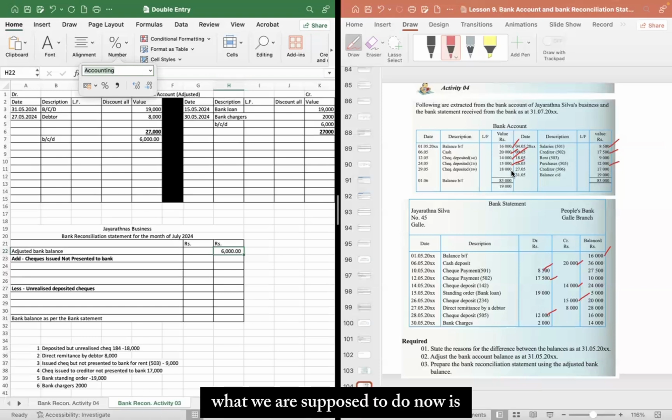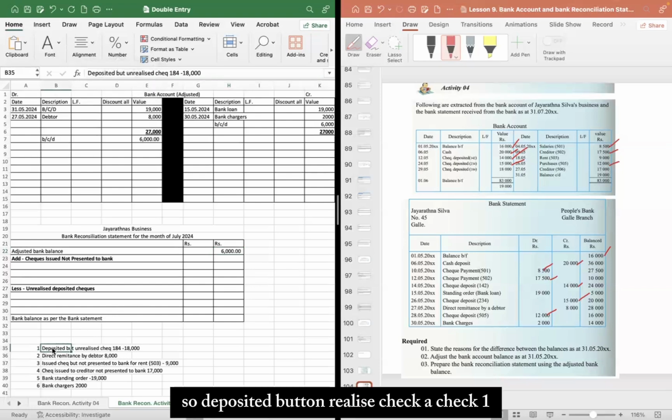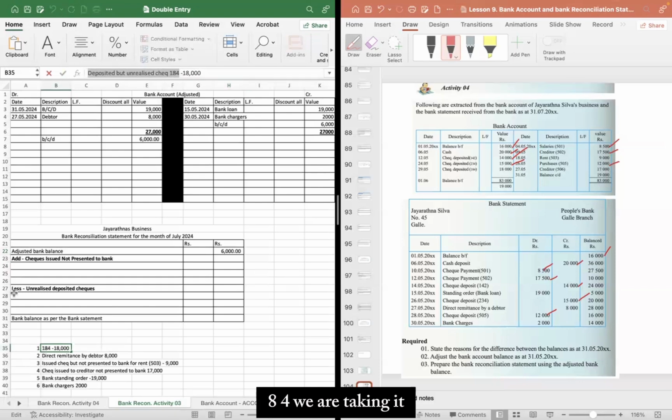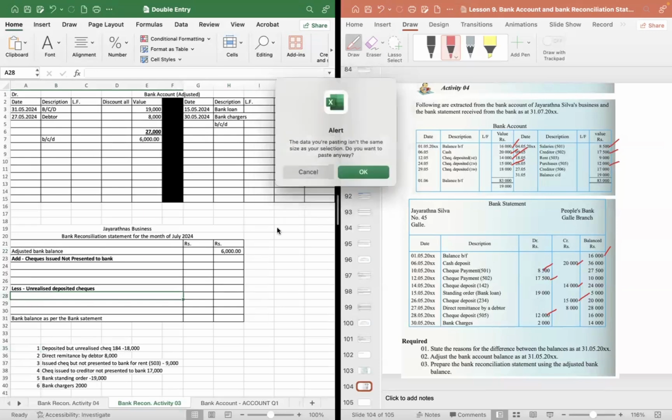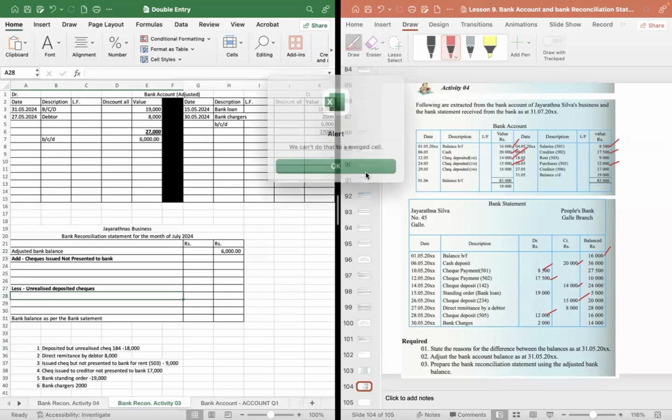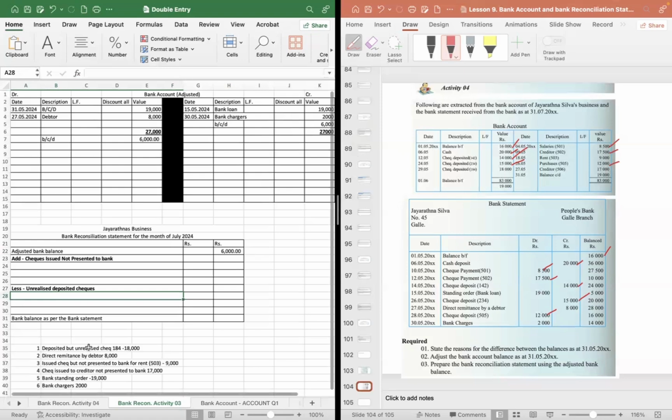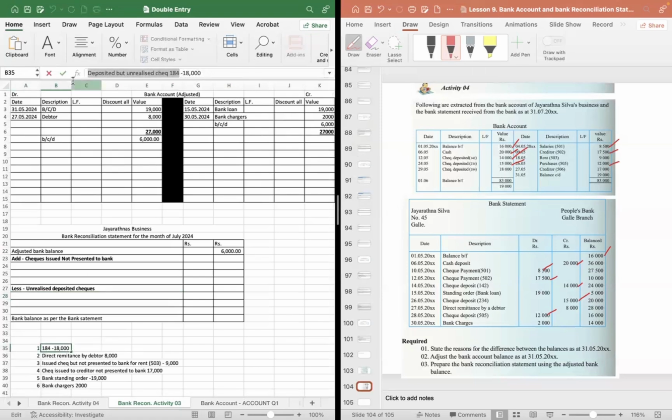Okay, now what we are supposed to do now is we will be deducting it. Okay, so deposited but unrealized check, we are taking it. Amount is 18,000. Okay.